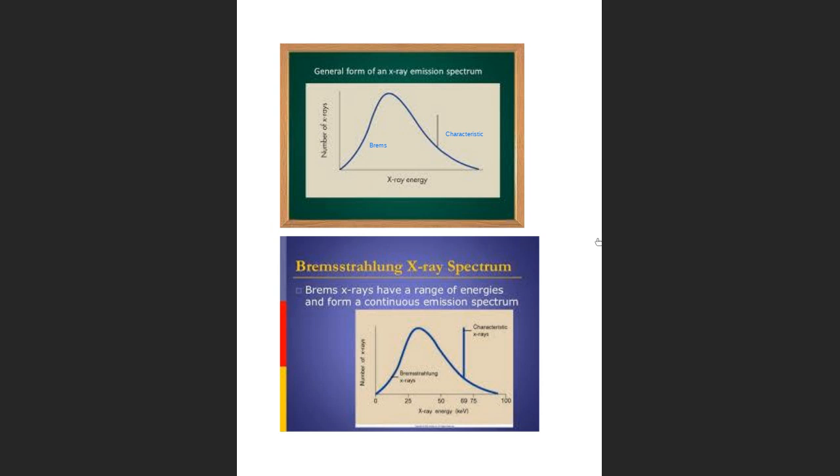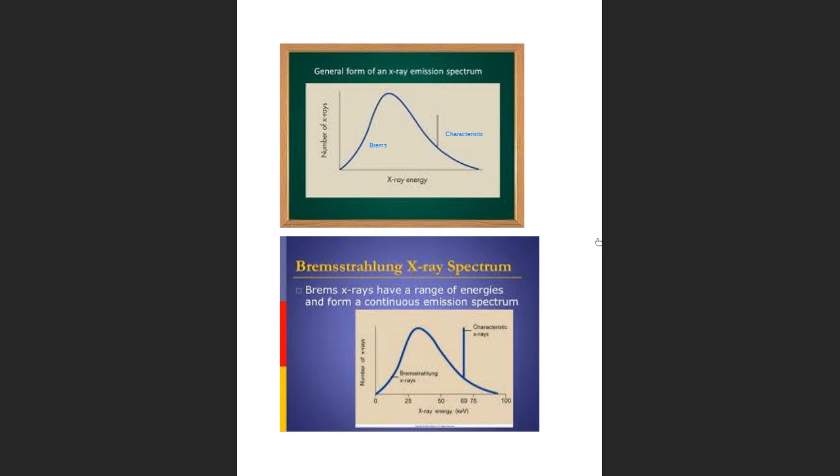We have a lot of heat that has to be dissipated. As tube current increases, so as the quantity of electrons traveling from cathode to anode increases, so does the amount of heat that we produce.